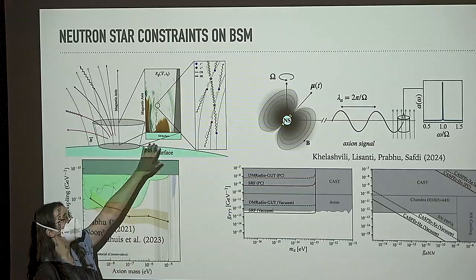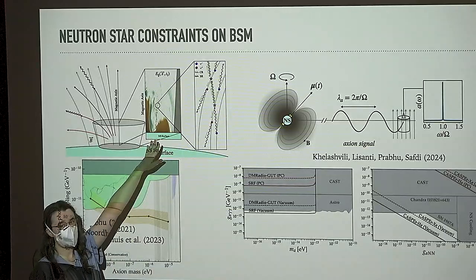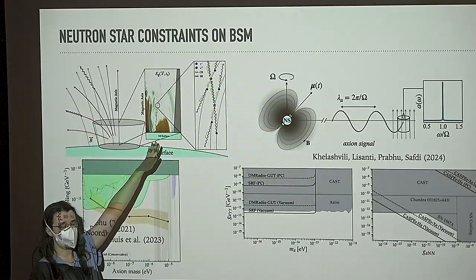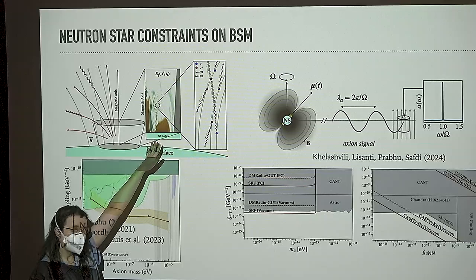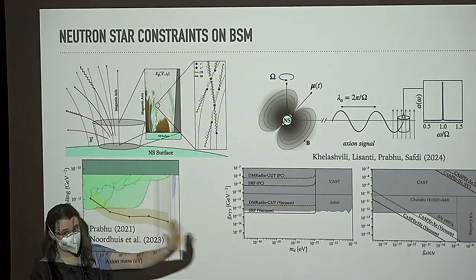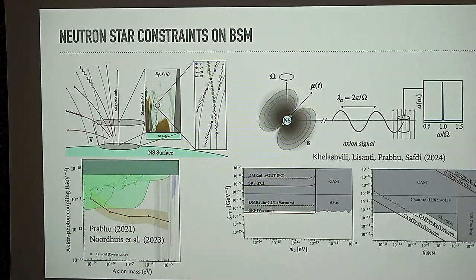So here's the simulation snapshot from MHD simulations of neutron star magnetospheres, which are really extreme places with very, very high magnetic fields. And so what Ani Prabhu proposed in his 2021 paper was that schematically, if you have the polar regions where you have a large unscreened E field and a B field, then the E dot B can pop axions out, okay?